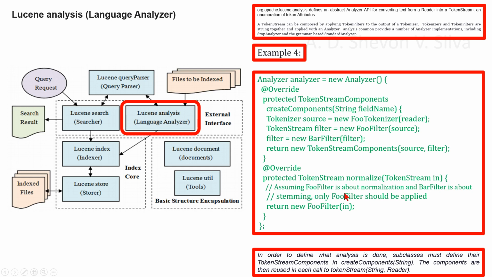Assuming foo filter is about normalization and bar filter is about stemming, only foo filter should be applied. So.